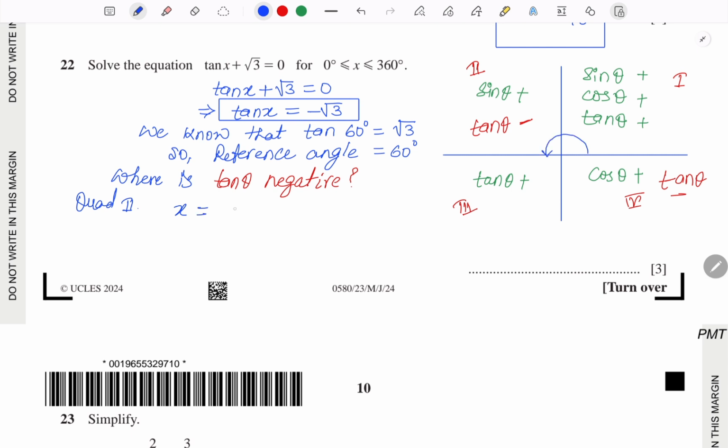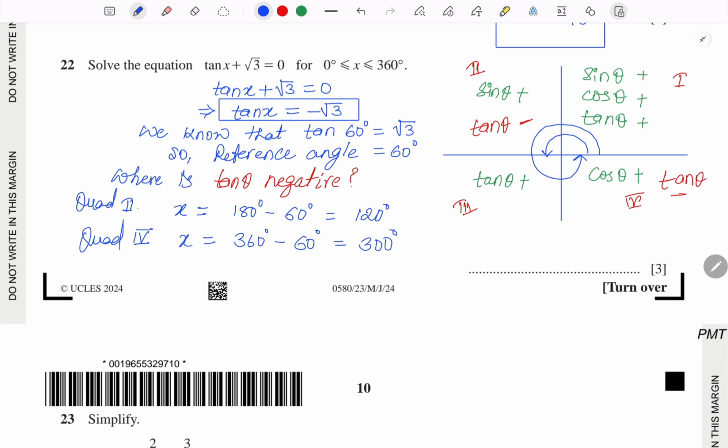So our answer in quadrant 2 will be x equal to, this whole angle is 180 degrees. To find the corresponding angle, we subtract our reference angle from 180. This will give me 120 degrees. For the fourth quadrant, we subtract this reference angle from 360, so that will give me 300 degrees.